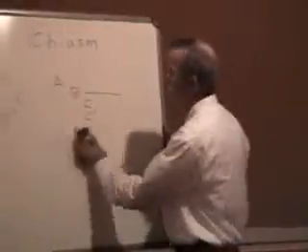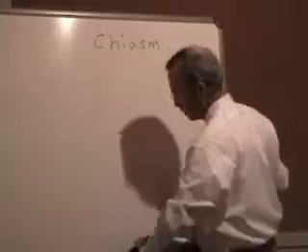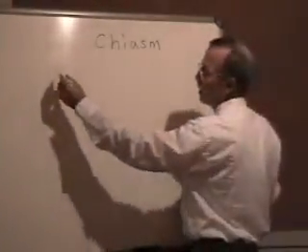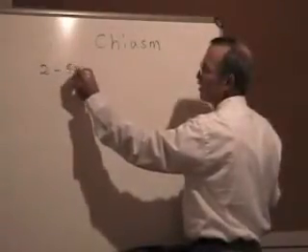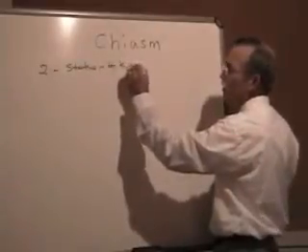Now, chiasms can be seen in places like Daniel. And again, in the other class I talked about that, but I'll repeat it here for y'all. The book of Daniel has a chiasm in that in Daniel chapter 2, you've got the dream of the statue, which is 4 kingdoms.